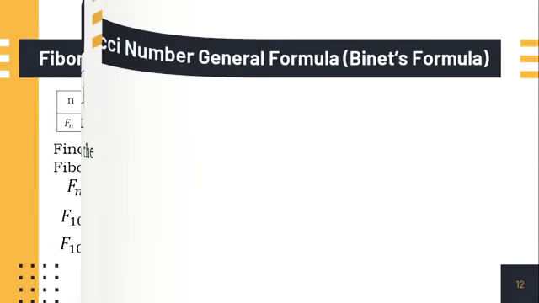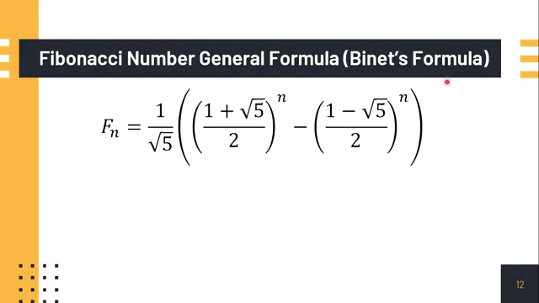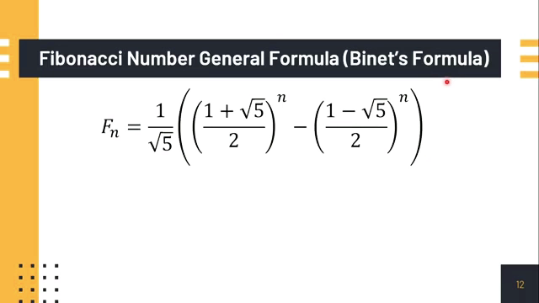Okay. Ito ang tinatawag natin Fibonacci number general formula, or we call this as Binet's formula. Okay? So, ano ba tong Binet's formula? This is a formula that incorporates the golden ratio.